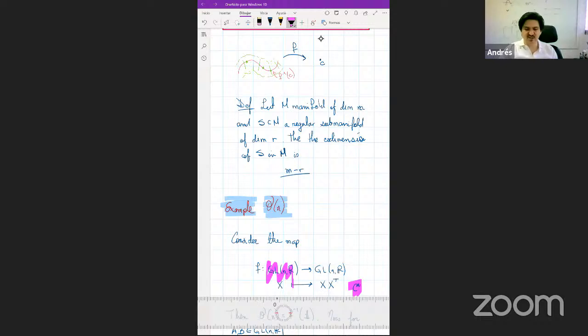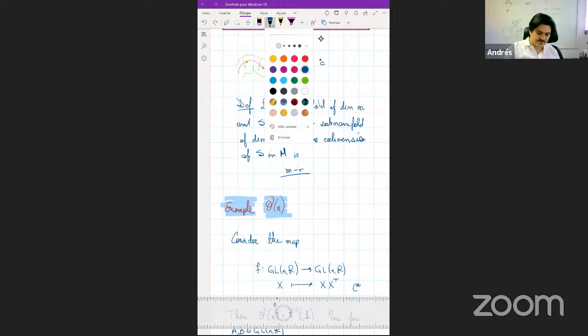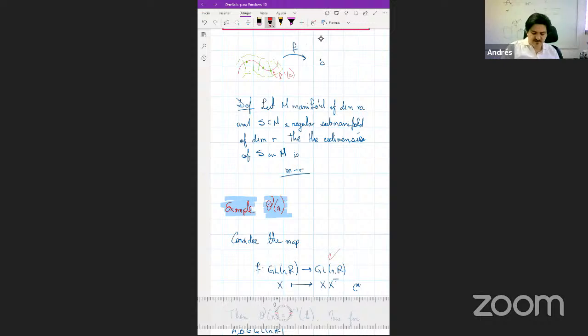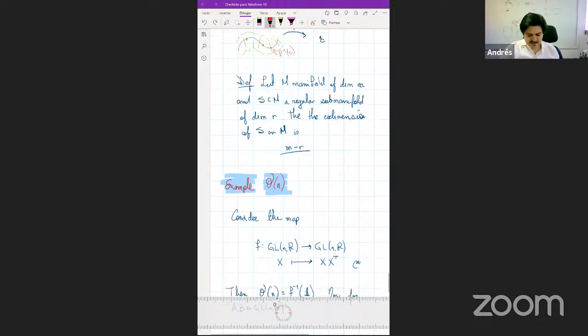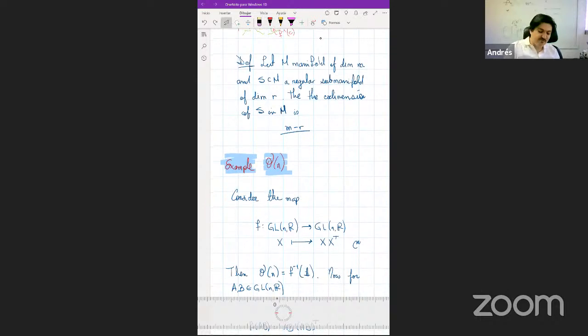So I have a smooth function. What we had before, remember, is that here we used the n by n symmetric matrices. So we're replacing that now. But again, the pre-image of the identity will give me ON.